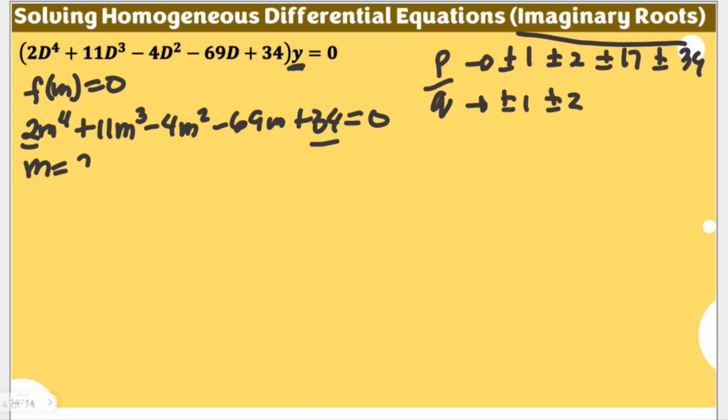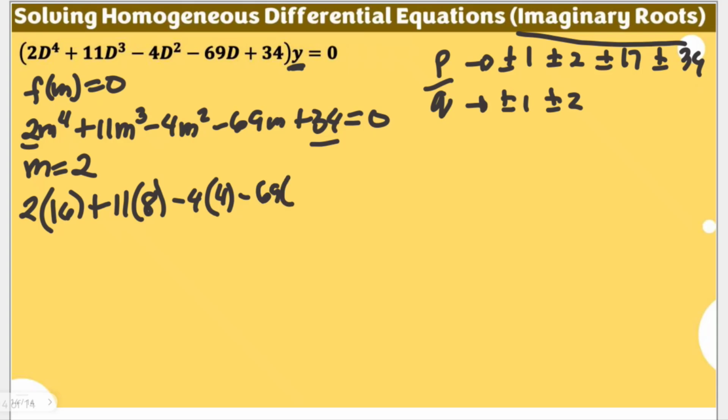Let's have 2. So you have 2. The fourth power of 2 is actually 16 plus 11 times 8 minus 4 times 4 minus 69 times 2 plus 34. Let's see if this will result to 0.